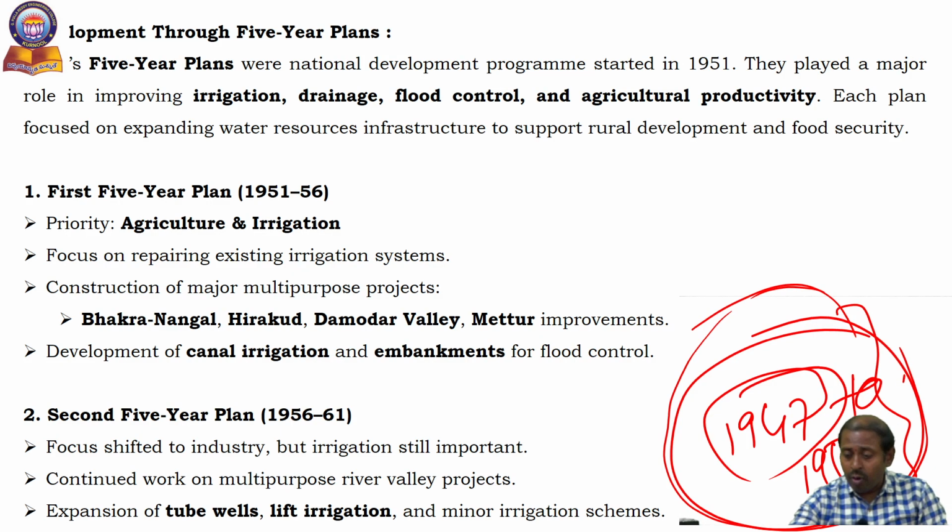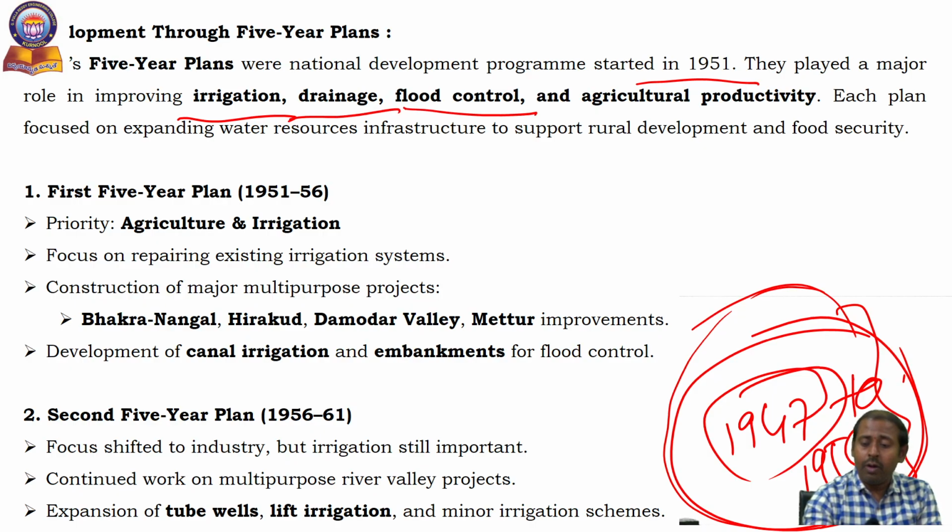After the total plan, the 5-year plan started in 1950. The main objectives were irrigation, drainage, flood control and agriculture productivity. These 4 main objectives are what the 5-year plan developed.